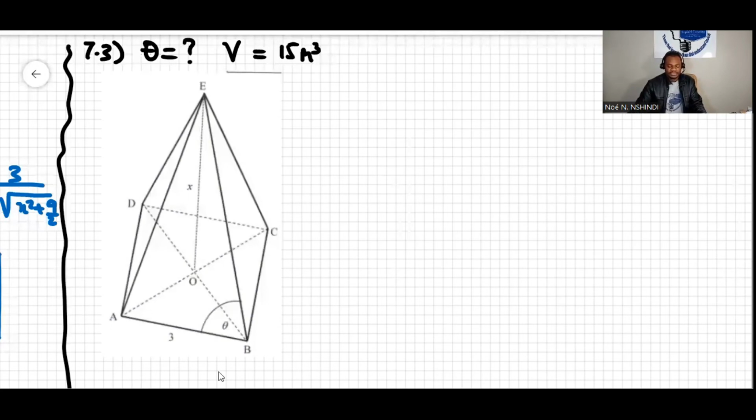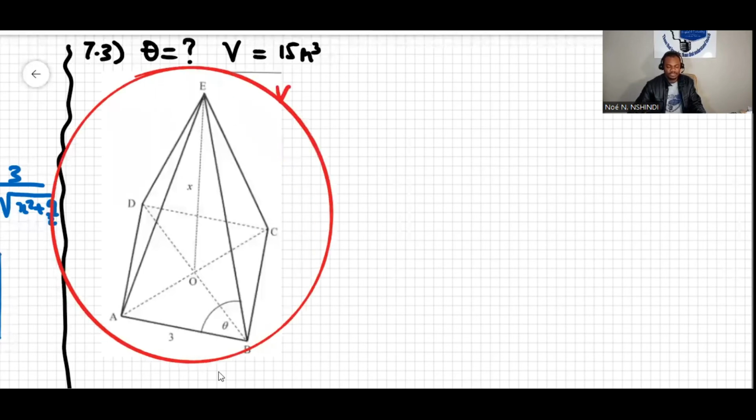Remember that the volume of this pyramid here is given to be equal to a third times the area of the base times the perpendicular height.